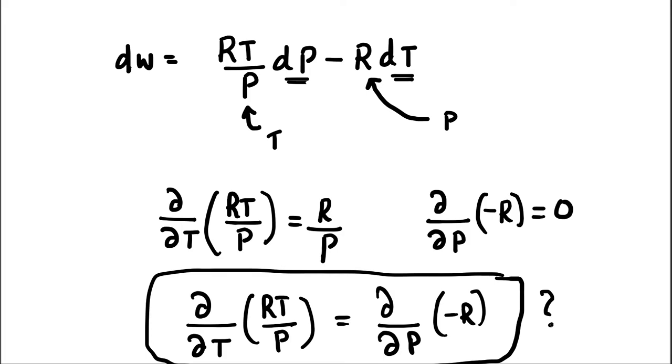So now let's see here. This left hand side part is equal to r over p, and we know r is a gas constant which has some positive number, and pressure is also a quantity. So this is never going to be 0, whereas this one is 0. A number can never be equal to 0 here, because this is a number that has some magnitude. So these two are not equal.